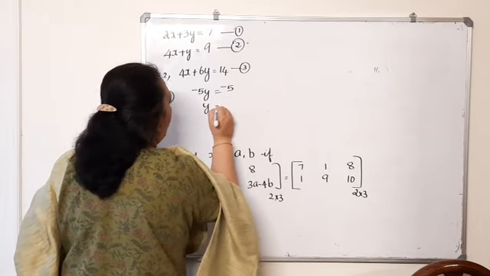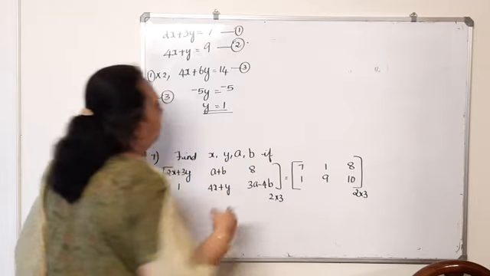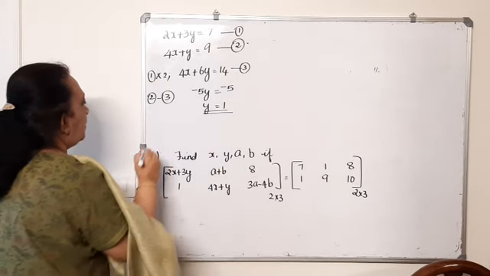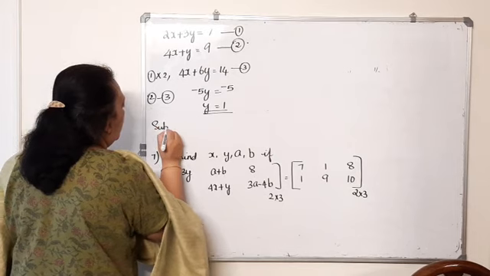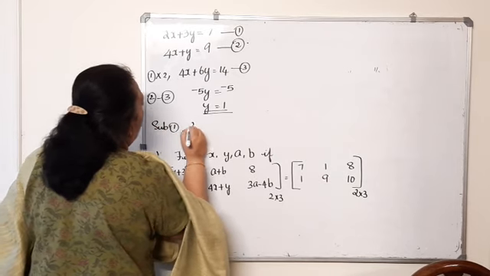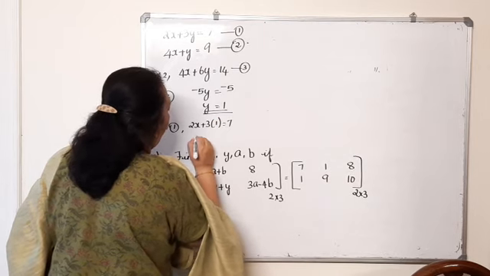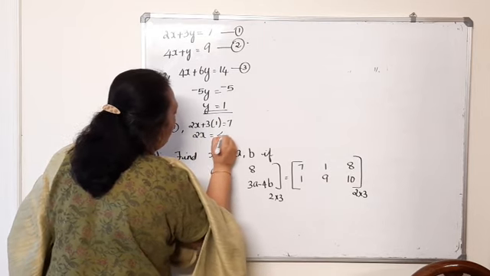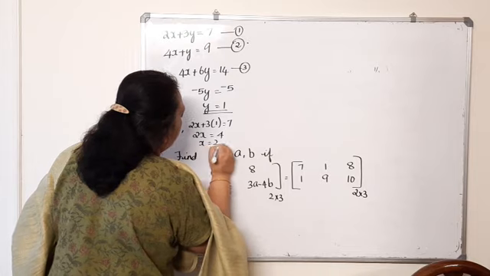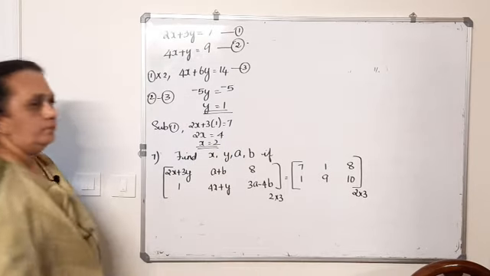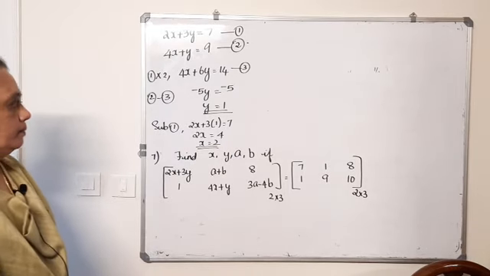So y is equal to 1. Substituting in 1, 2x plus 3 into 1 is equal to 7. 2x is equal to 4. x is equal to 2.